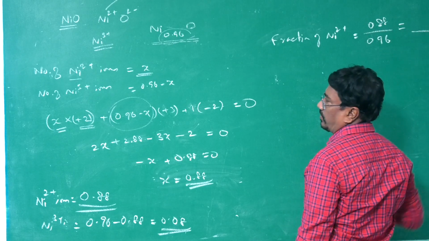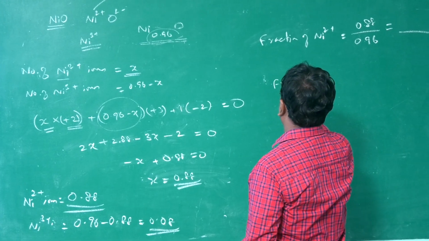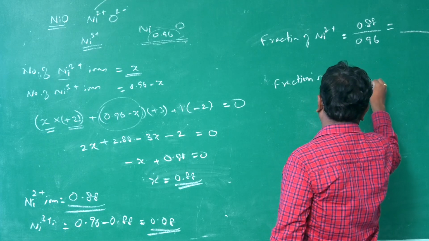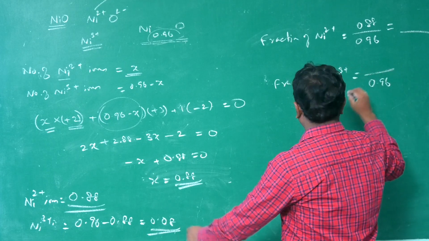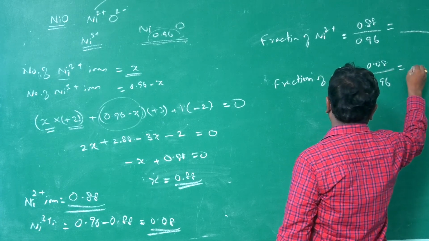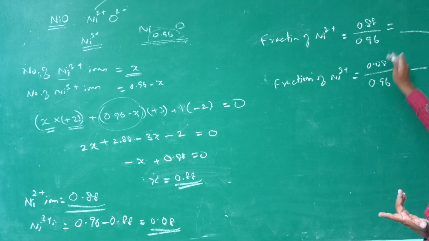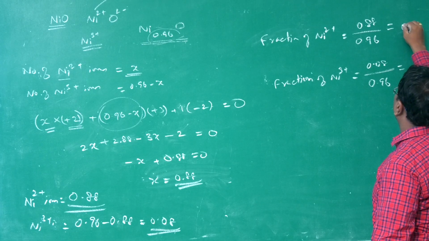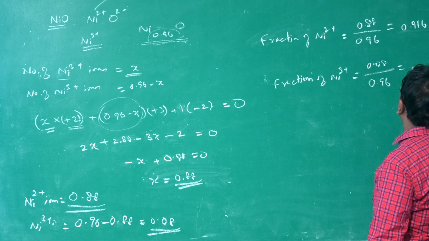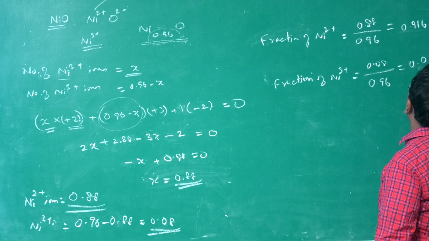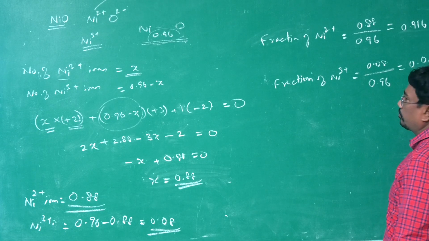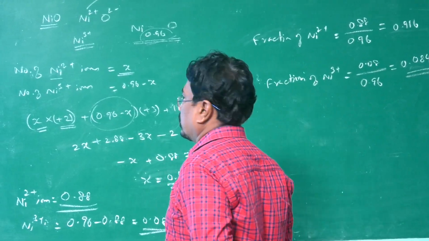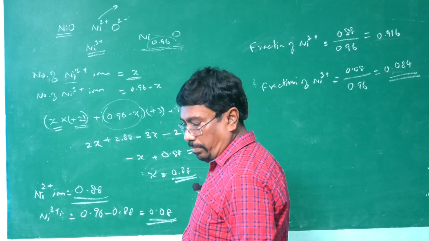We get the fraction of Ni2+, and then the fraction of Ni3+ is, out of 0.96, 0.08. Or else we can subtract from 1. Both are correct. So, if we solve, the fraction of Ni2+ comes to 0.916, and definitely Ni3+ will come to 0.084. That's the fraction. Percentage is not asked, only the fraction, so we need not multiply by 100.